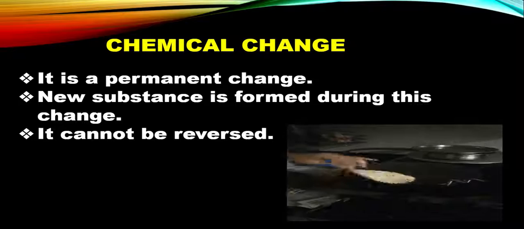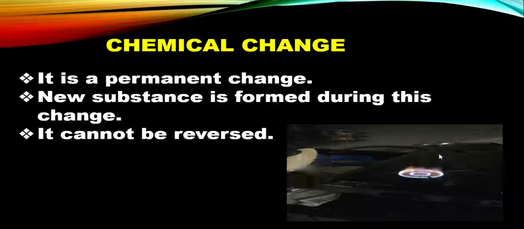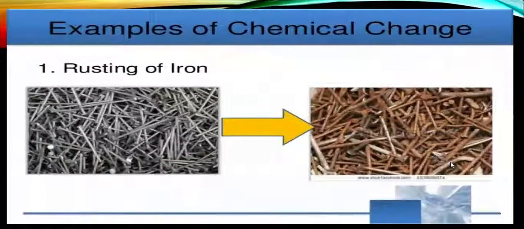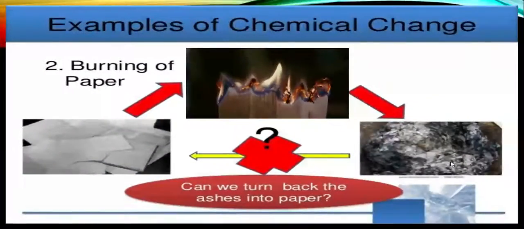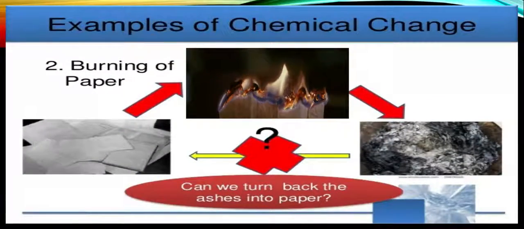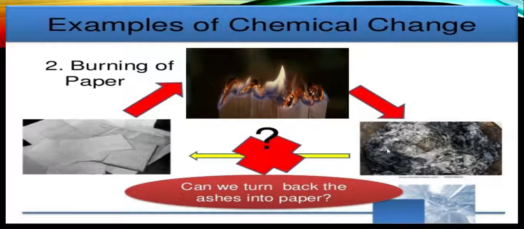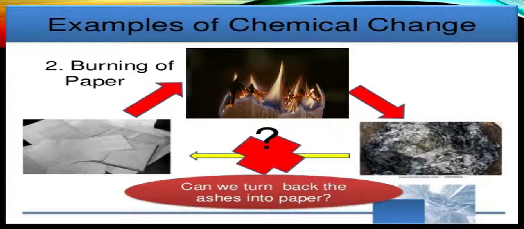I hope now it is clear to everyone. Children, some other examples of chemical change are rusting of iron, burning of paper, where you can see an entirely new substance, ash, is formed.